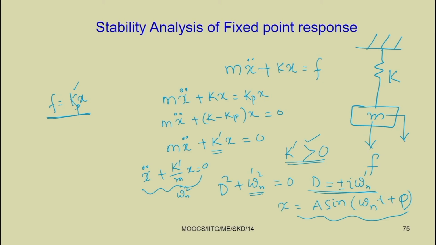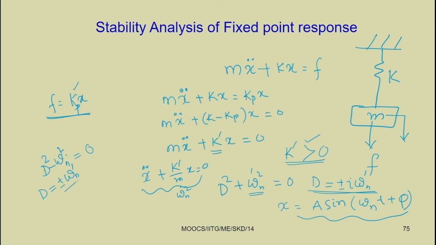the equation becomes d square minus omega n dash square equal to 0. The auxiliary equation can be written in this form, or d equal to plus minus omega n dash.